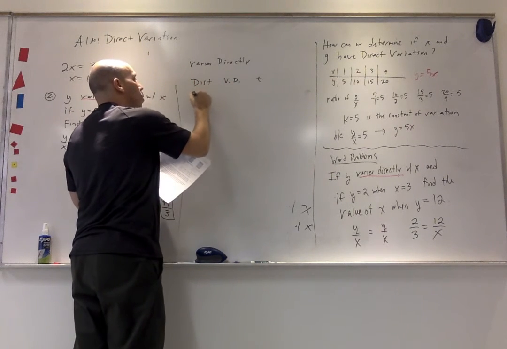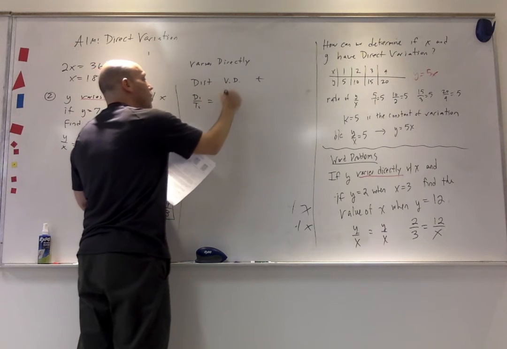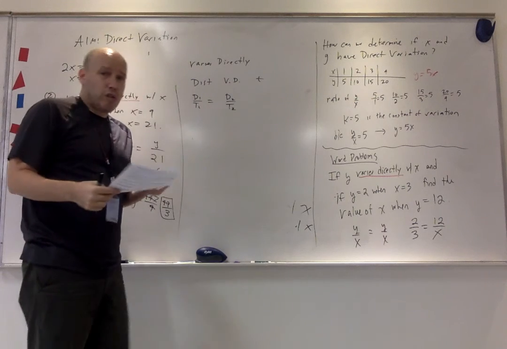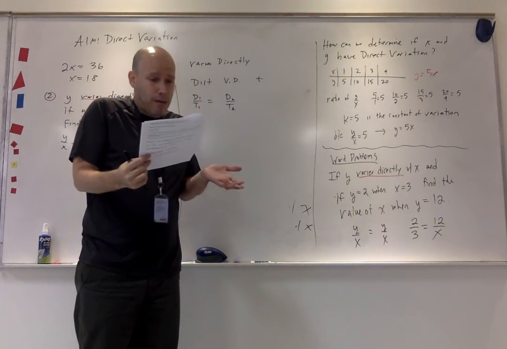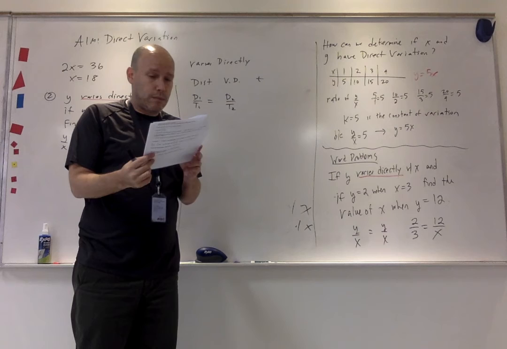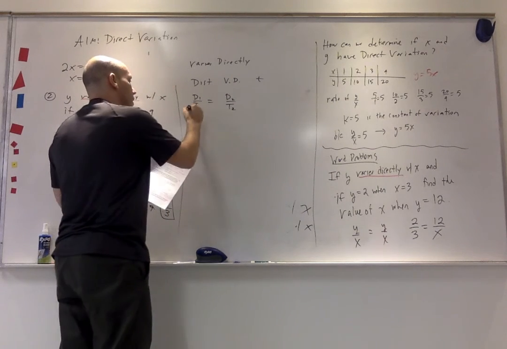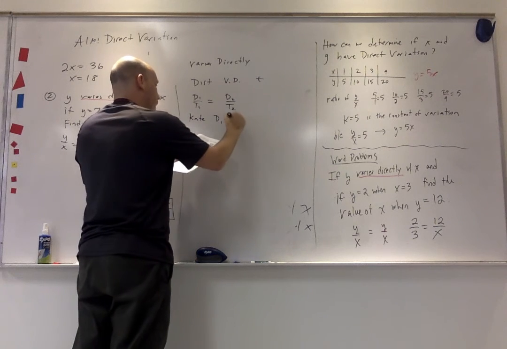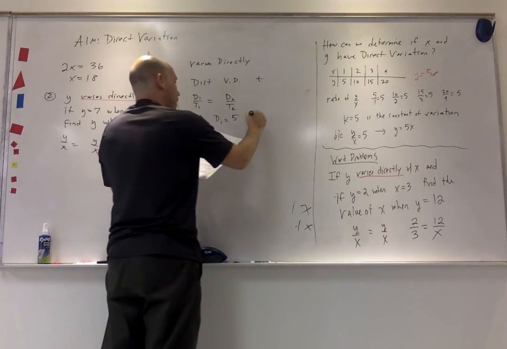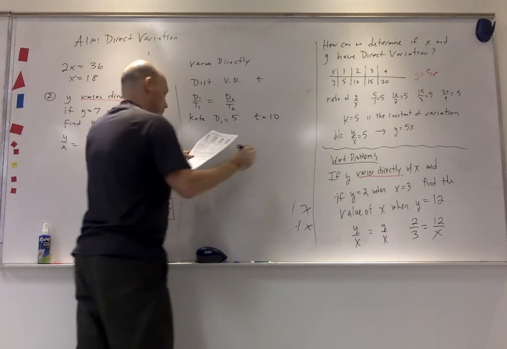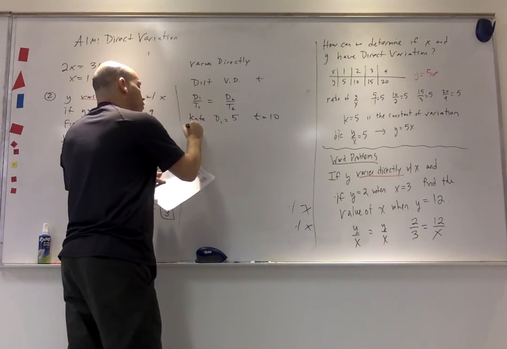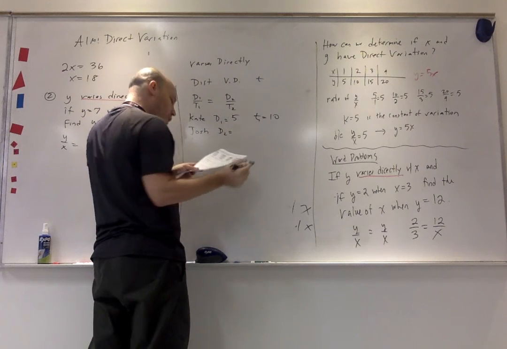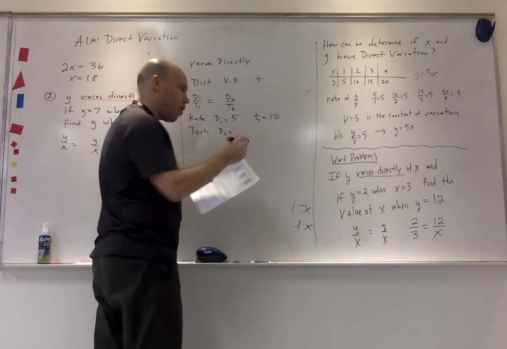So that means d1 over t1 should be equal to d2 over t2. Well, who's the first distance and time we're talking about? We have Kate. So for Kate, our first distance is how far? It's 5 miles away, and the time is 10. Now Josh is going to be d2. d2 is how far away Josh lives from school: 2.